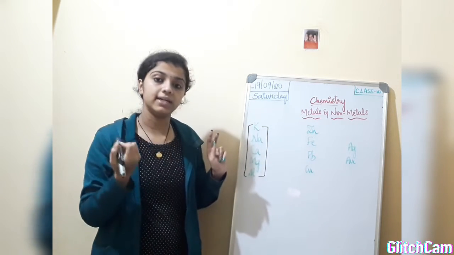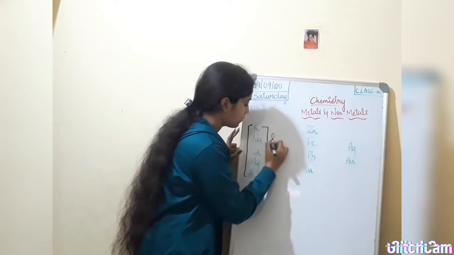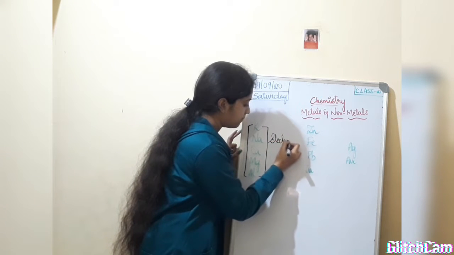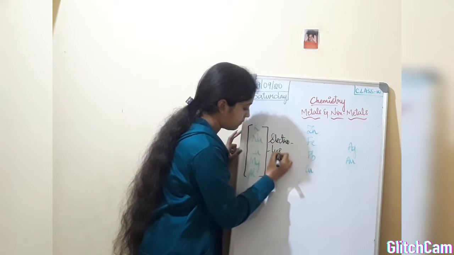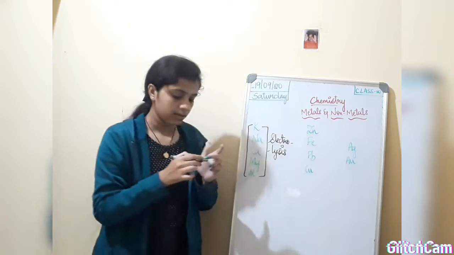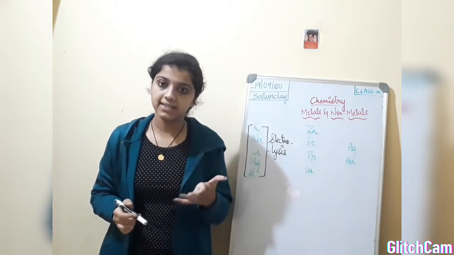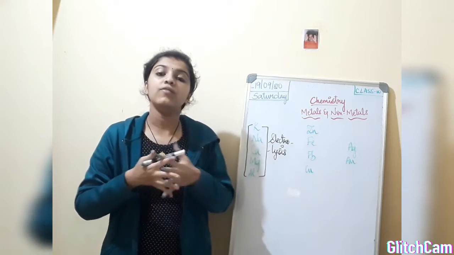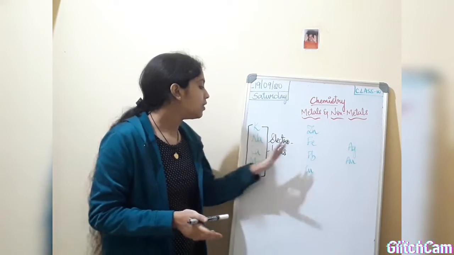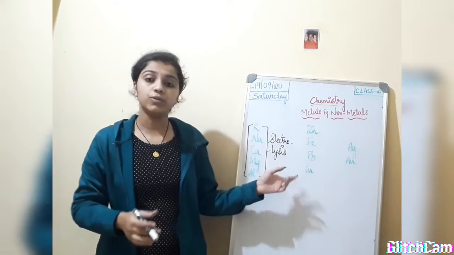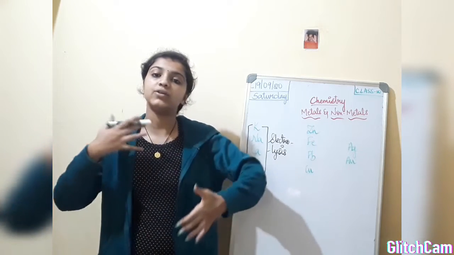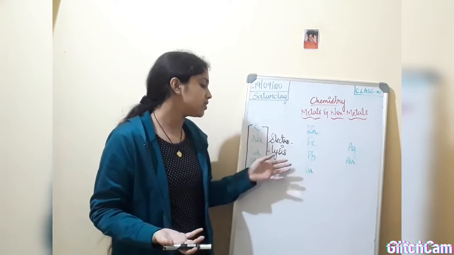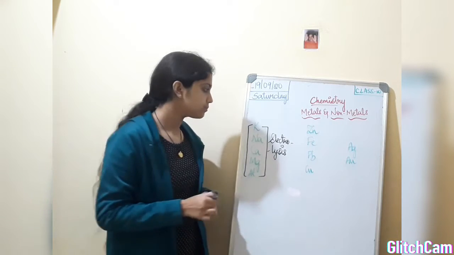When found in the Earth's crust, they are never in the free or native state; they are always mixed up. So they are reduced to their original form by a process known as electrolysis.